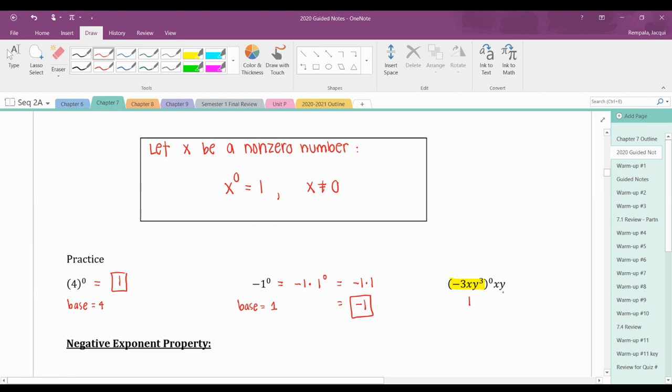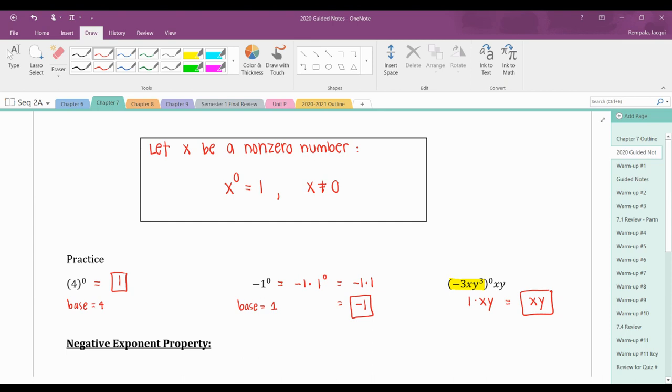But the x and the y that are outside of the parentheses are not being raised to the power of 0. So I'm still multiplying 1 times xy. Anything times 1 is just that term, so it turns into xy. If you keep the 1 out in front, that's not a big deal. That is the same answer.